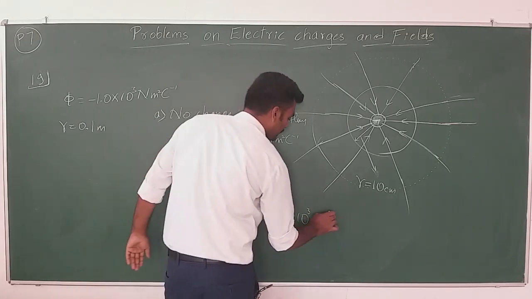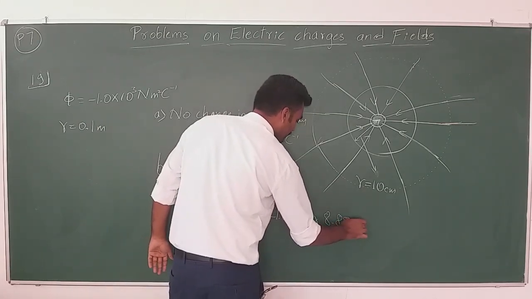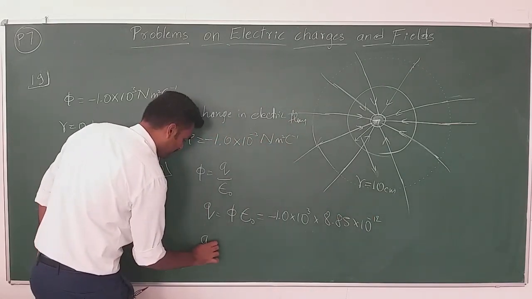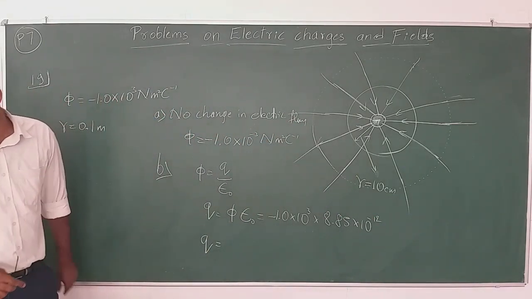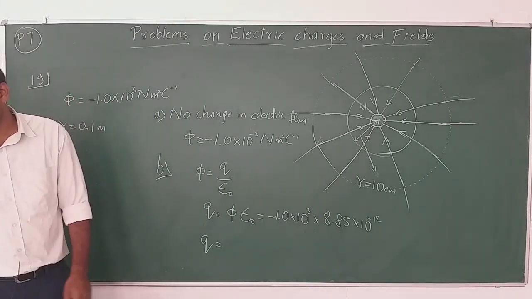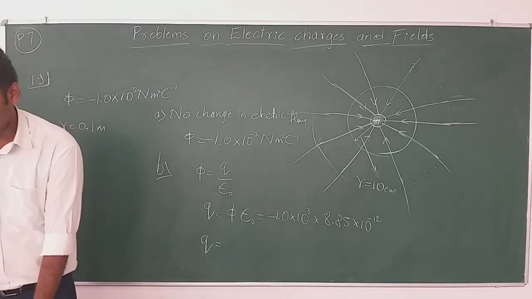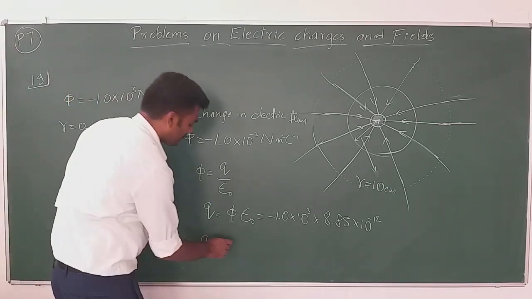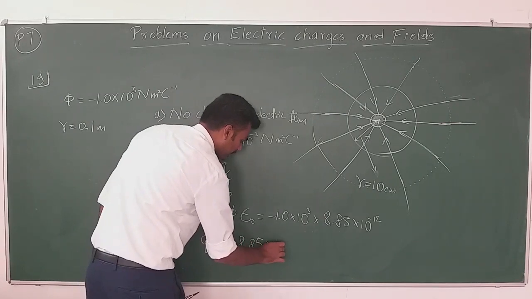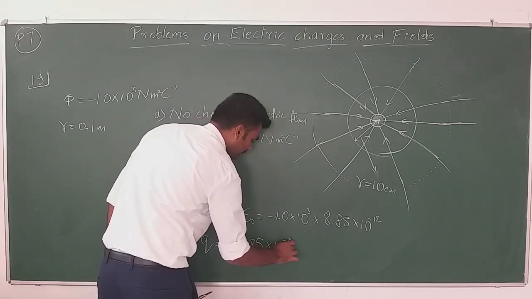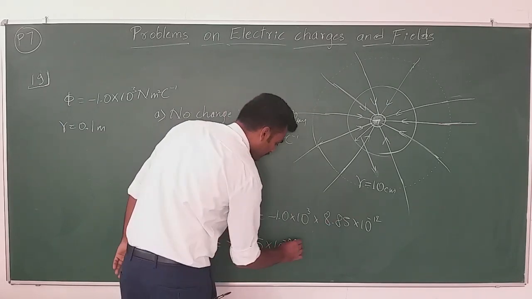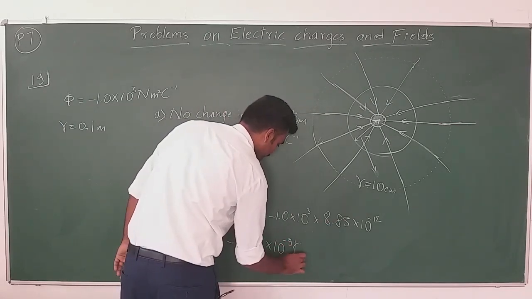Epsilon naught is 8.85 into 10 to the power of minus 12. Simplify this, and hence the charge situated at the center of the given sphere is minus 8.85 into 10 to the power of minus 9 coulomb.